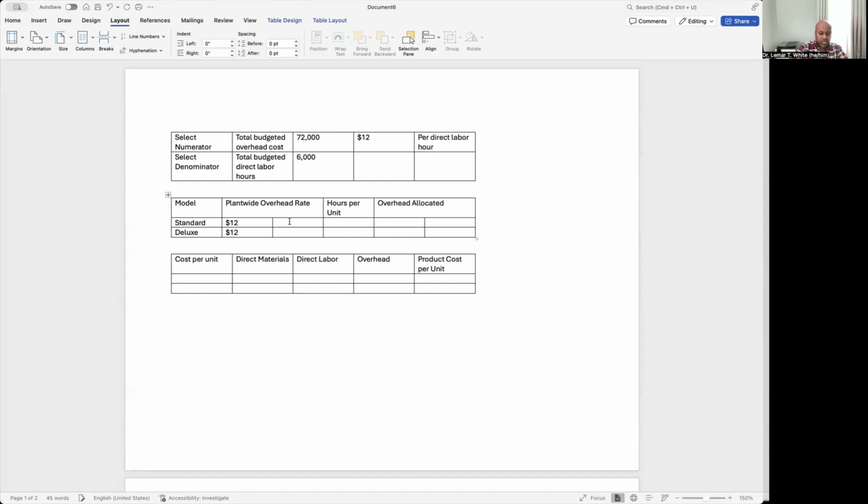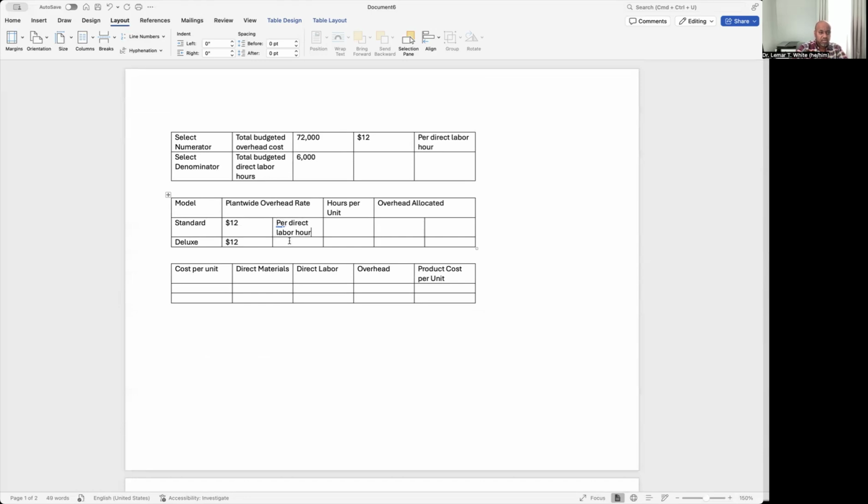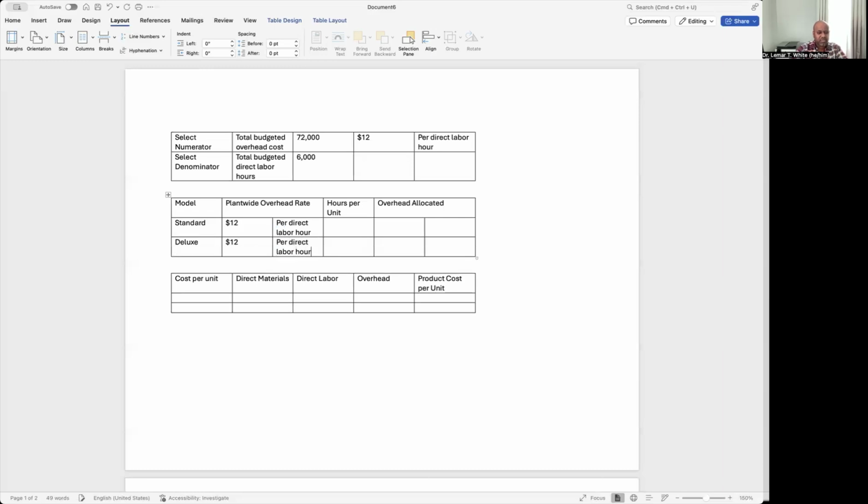This is per direct labor hour. I was thinking per unit, but it's $12 per direct labor hour.